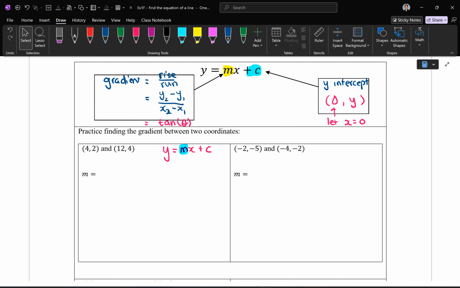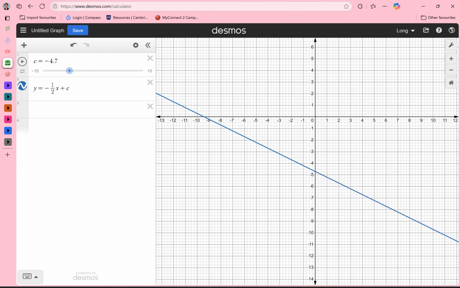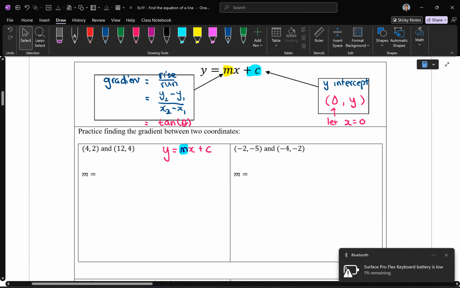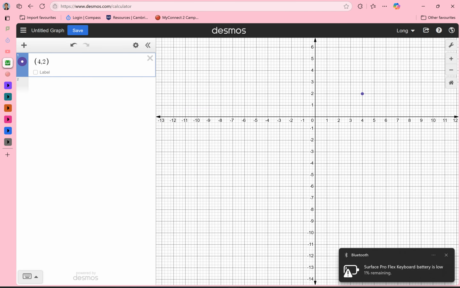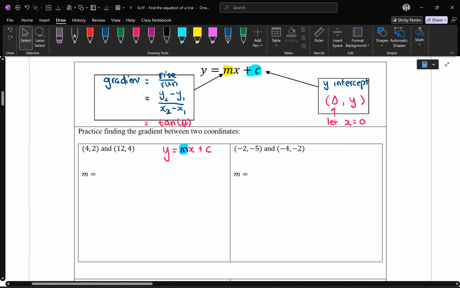So if I show you visually what I'm trying to explain, let's go to Desmos. So if I go to Desmos right now, let's have a look. I cross this off. (4, 2), and the other one is (12, 4).